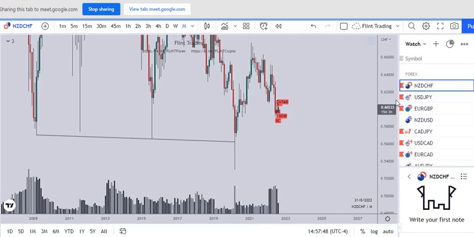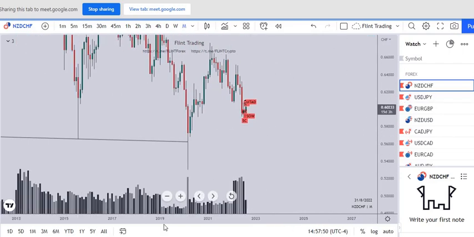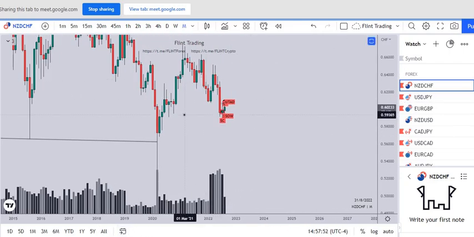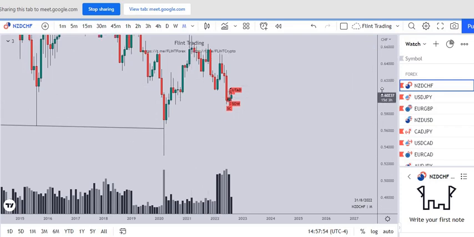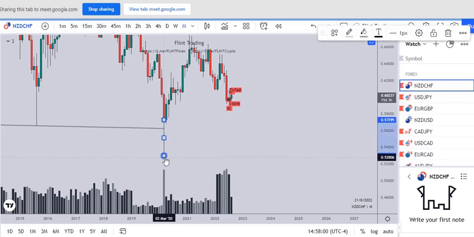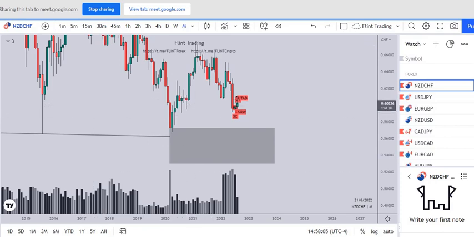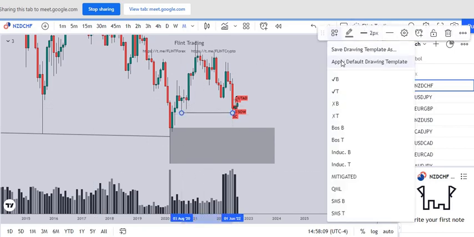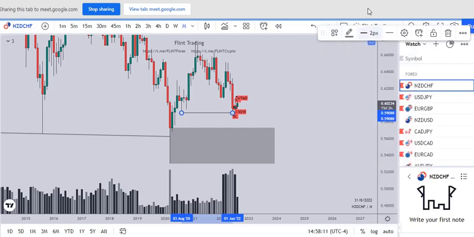Price clearly liquidated them, and the last inducement which I was seeing was actually this region. So for me to get in for long-term buys would be this hidden order block, and this was something which I was considering as inducement.